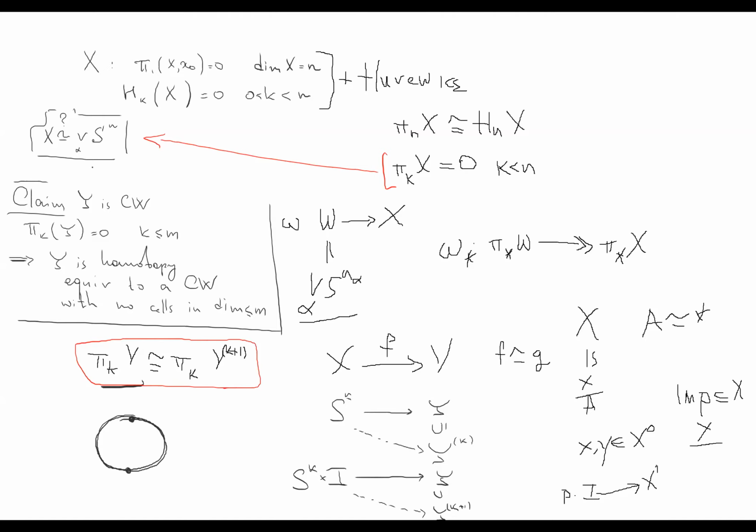Now I want to take the path to be this map. The image is the whole circle, and it is not a contractible subspace of S^1.